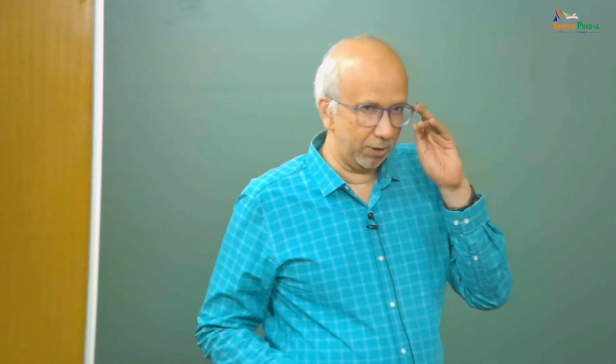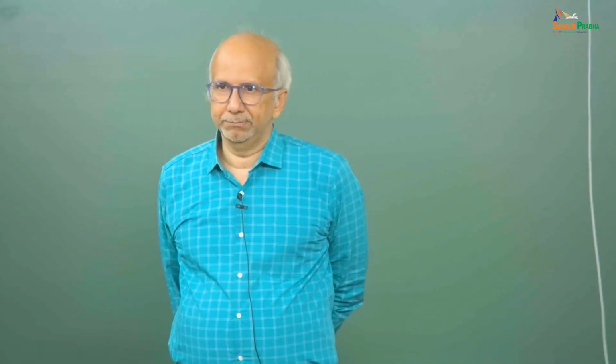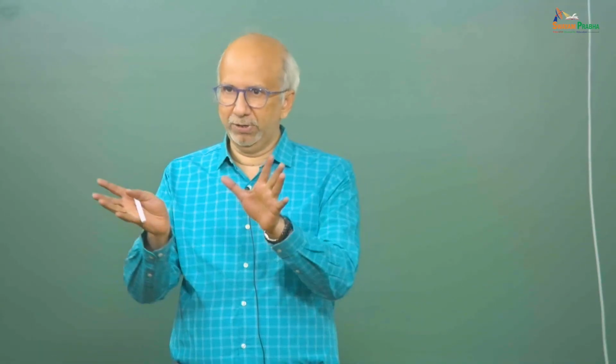So, what I thought I'll do is just give some concluding remarks on the problem that we saw yesterday, where we looked at the flow through a pipe network which had one branch.